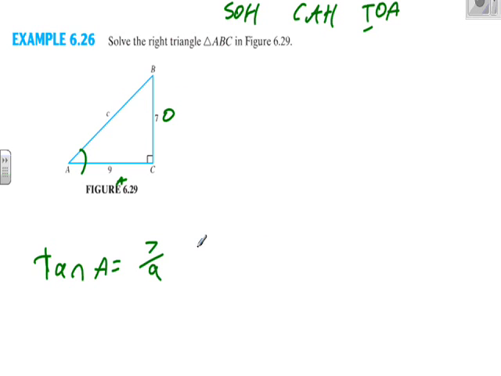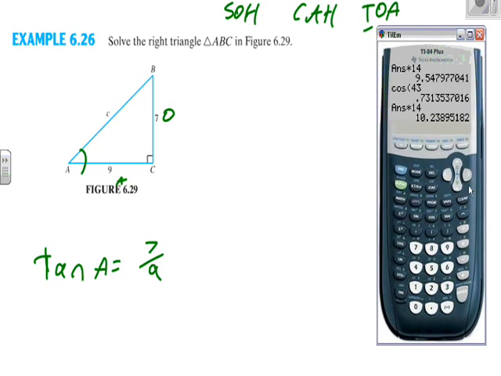And then to find an angle, that's inverse. So we'll do inverse tangent of 7/9. It's 37.9 degrees.